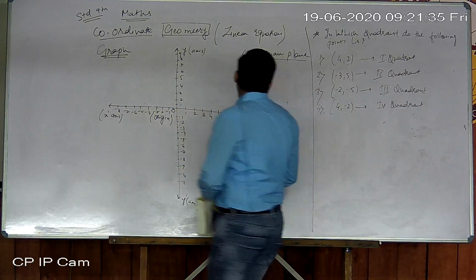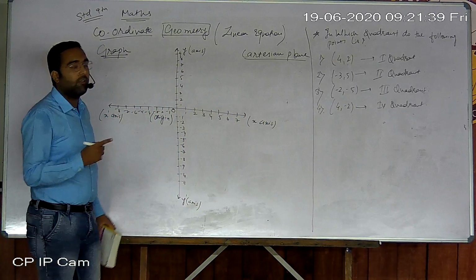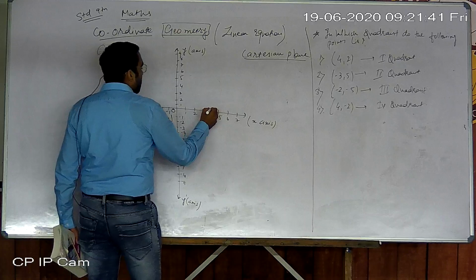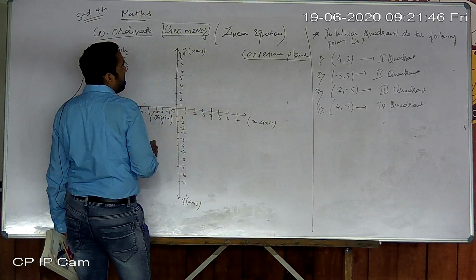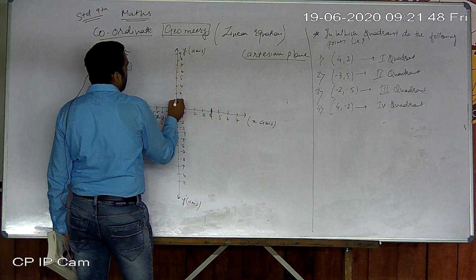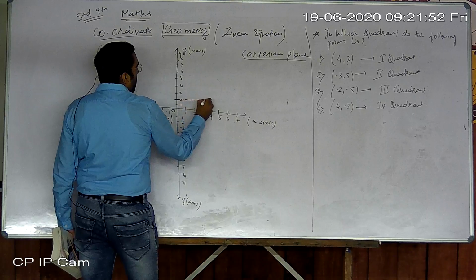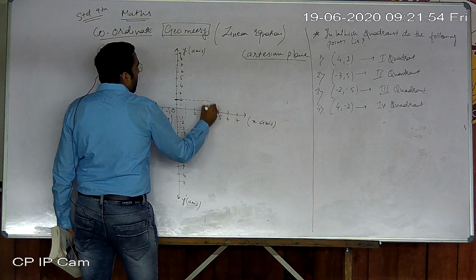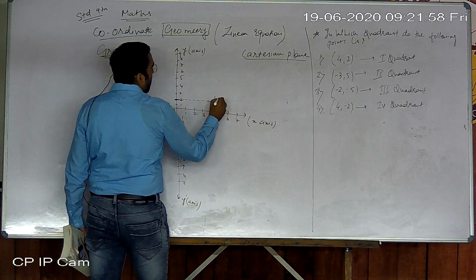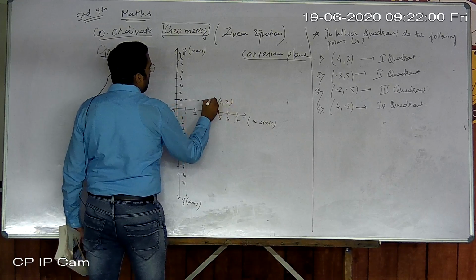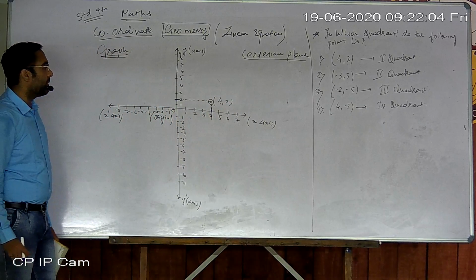What is the value of x? The value of x is 4, so 4 is here. Now the value of y is 2, therefore my 2 is here. So my point 4 comma 2 is located here.